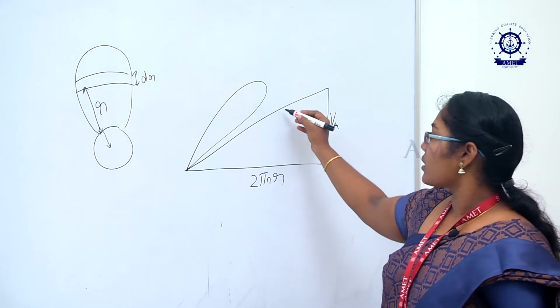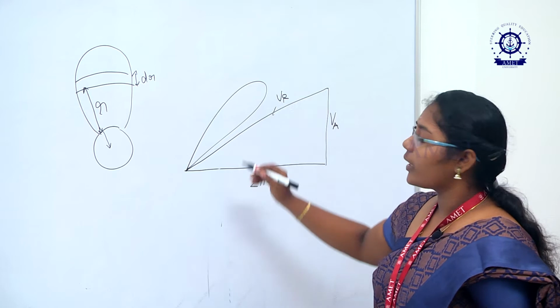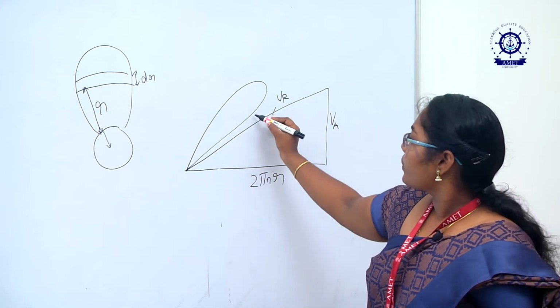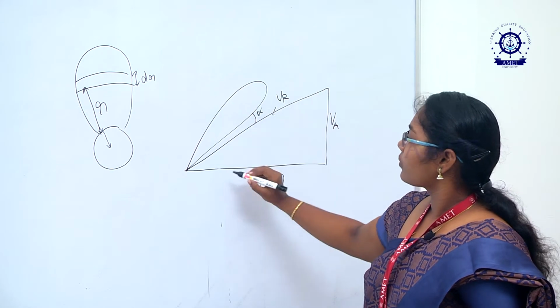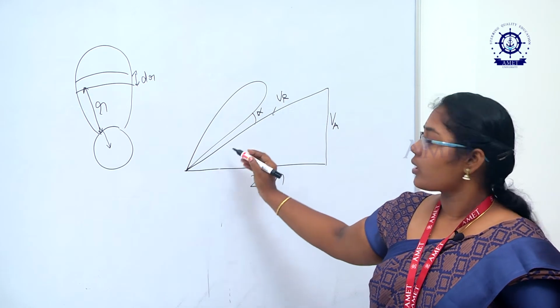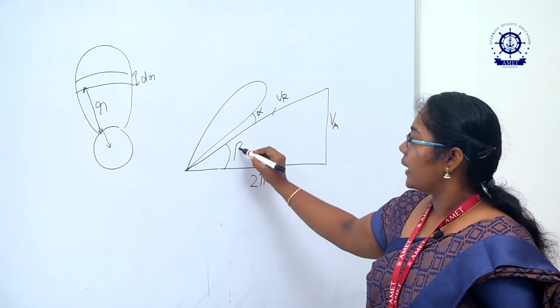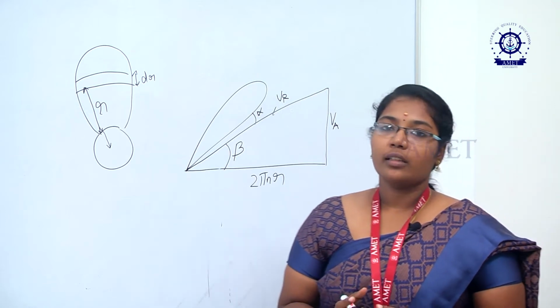Our resultant velocity will be here, which is Vr, and here it will be the angle of attack. Then the angle at which we are getting the resultant velocity is our beta. And one more thing I forgot to tell is the pitch angle.